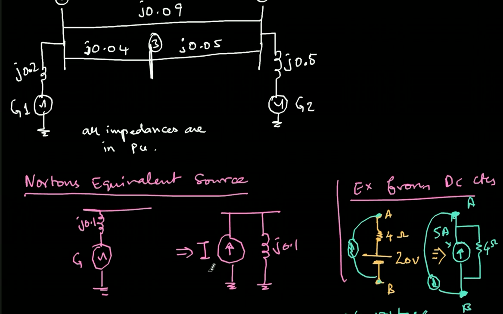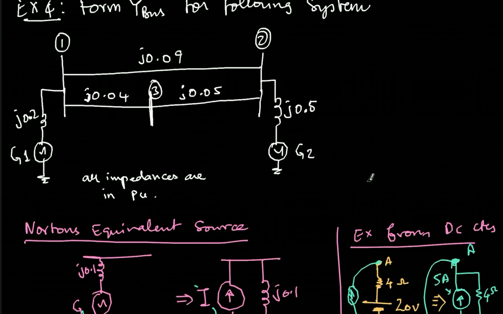So therefore, I just simply put I as a variable. If it is G1, then I'll say I1. So let me redraw the main circuit.